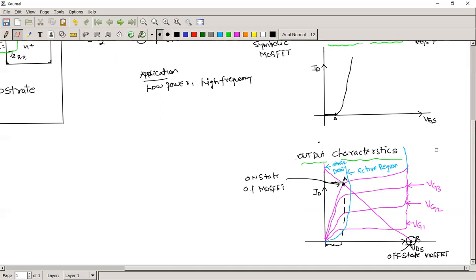But as far as power electronics is concerned, we are bothered about how we are going to operate this device as a switch only.